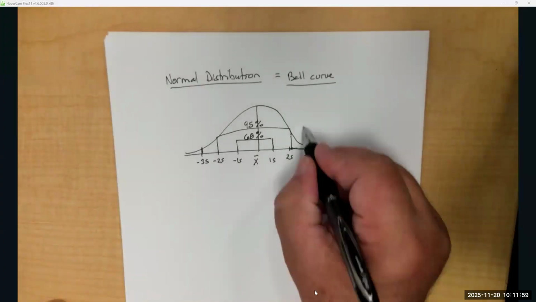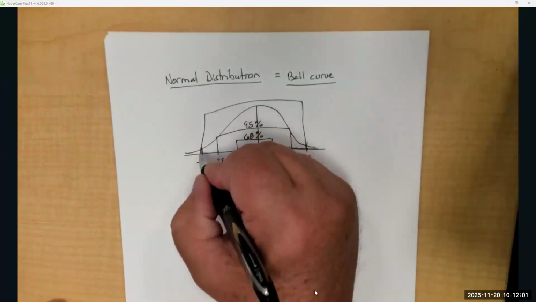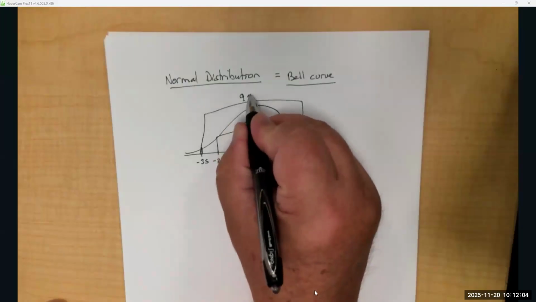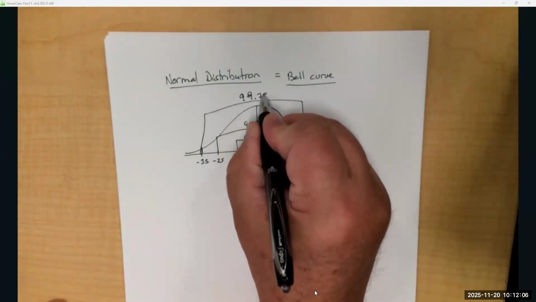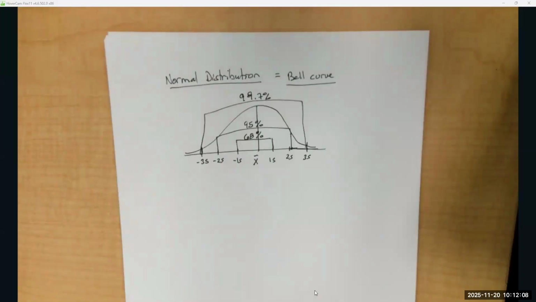And within three standard deviations, we're looking at 99.7%. That's the normal distribution. And it's been verified and tried so many times.